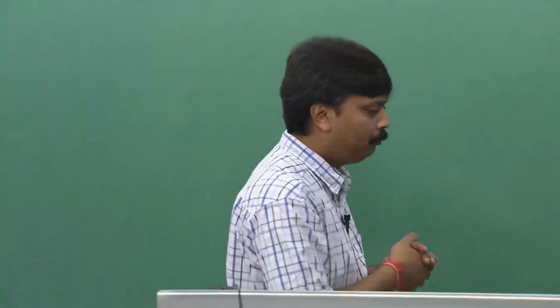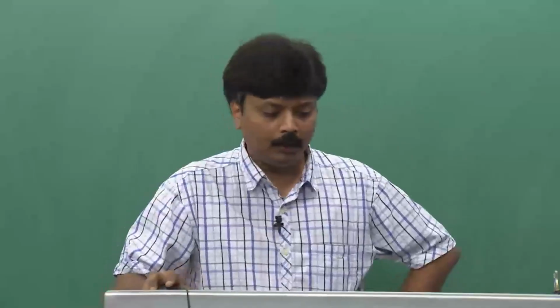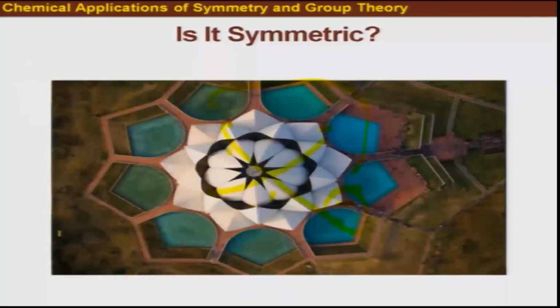So let's look at some of the other structures that we see almost every other time. This is a famous example, the Lotus Temple. This is also very, very symmetric.